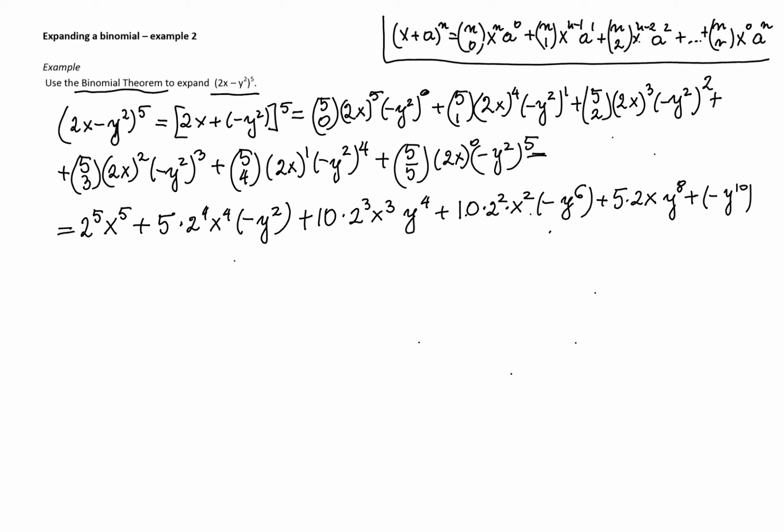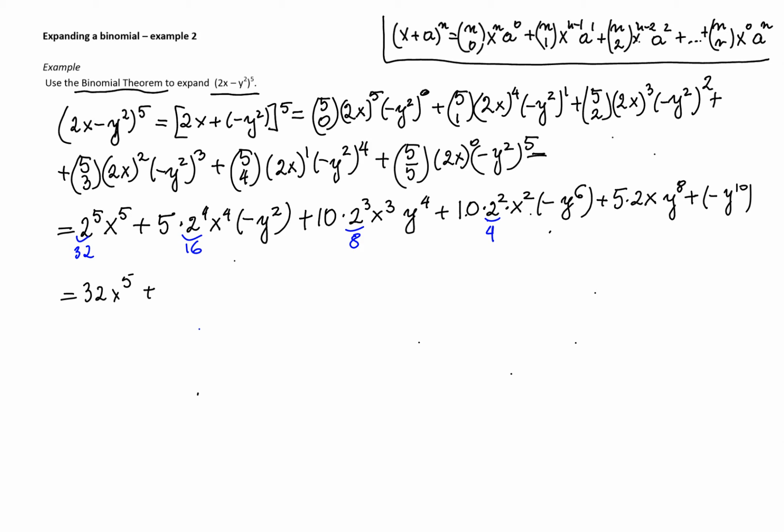Okay, 2 to the power 5 is 32. 2 to the power 4 is 16. 2 to the power 3 is 8, and 2 to the power 2 is 4. So if we multiply those numbers, we'll have 32x to the fifth.